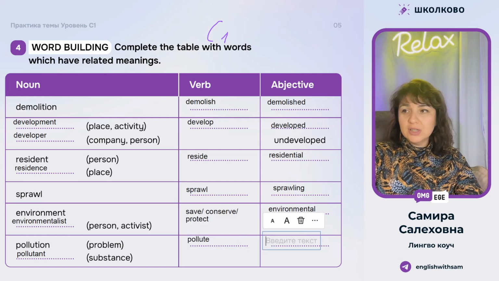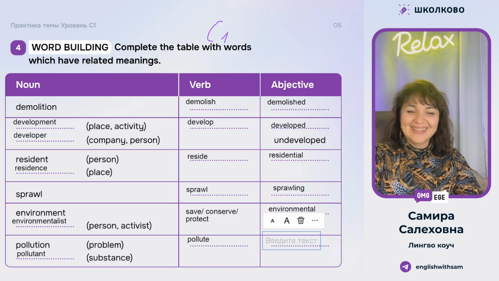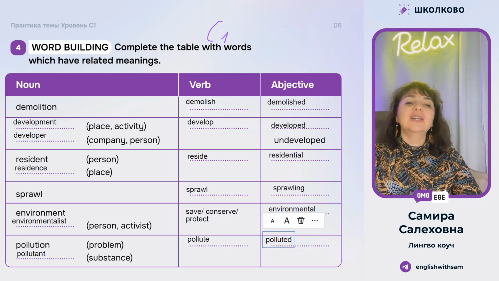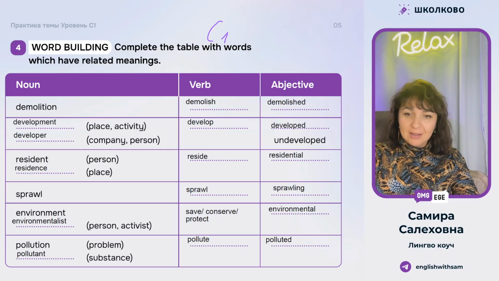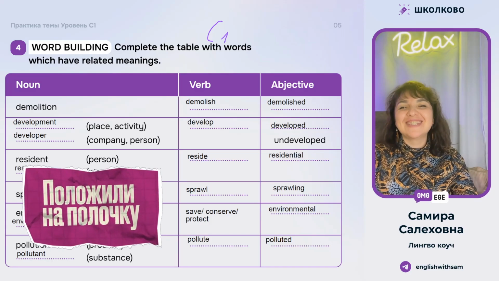And of course, it is polluted, right? Pollute and polluted. Okay, so actually it wasn't that hard. Yeah, everything was quite fine. But anyway, let's put it on the shelf, as I always say.